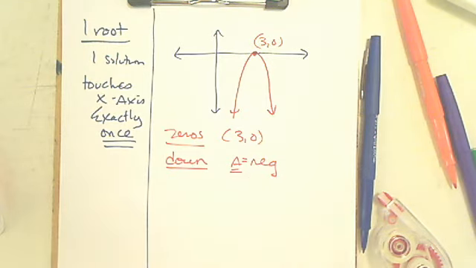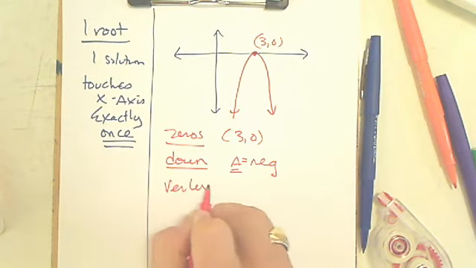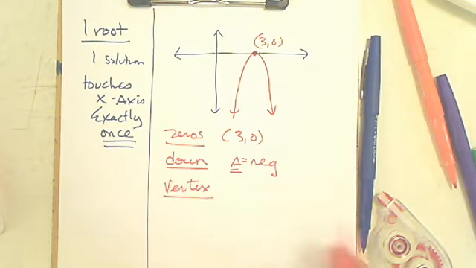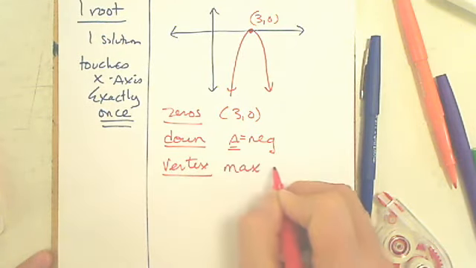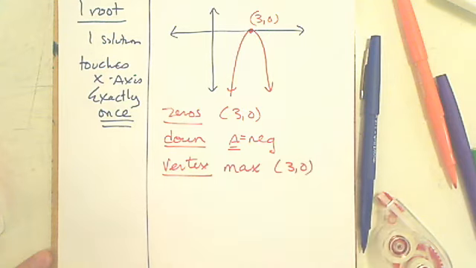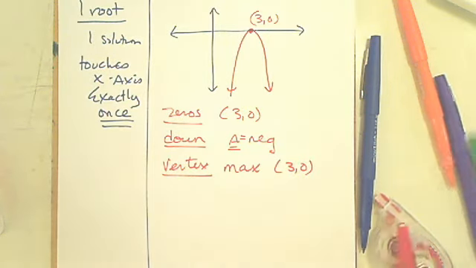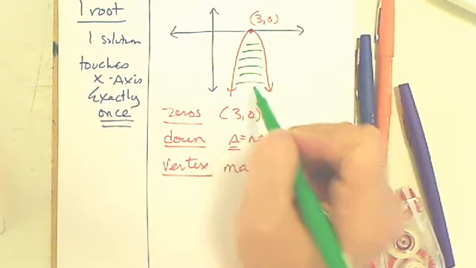The A x squared is negative. Okay? The vertex. Sergio, where's the vertex at? Excellent. Maximum at 3, 0. That's the highest point it will ever be.